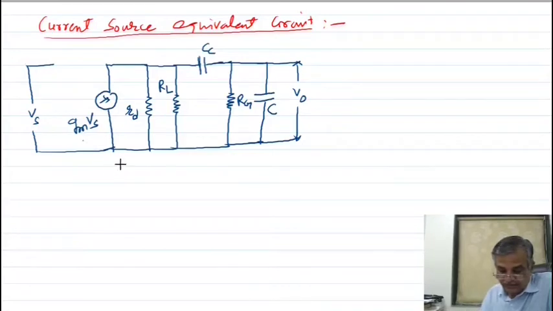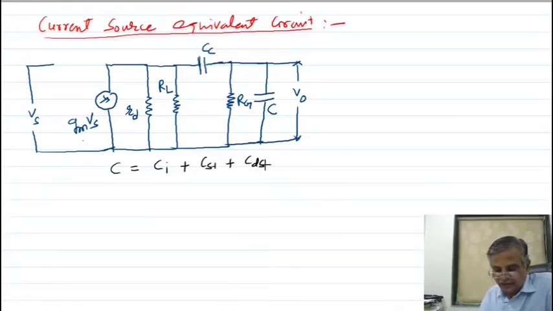So please remember, C is nothing but Ci plus C straight plus CDS1. What is Ci? CGS2 plus 1 minus AV into CGD2.